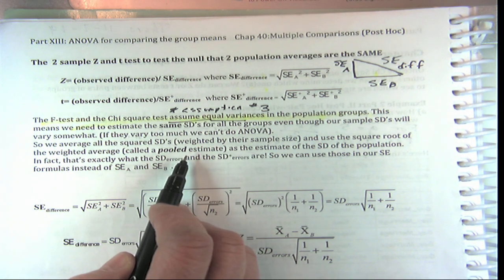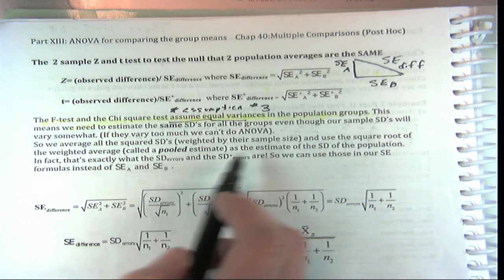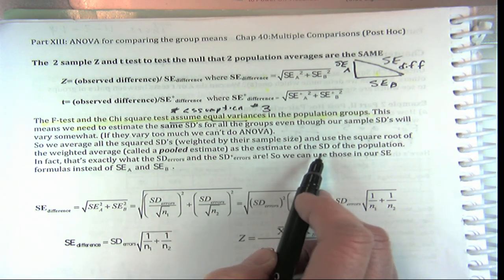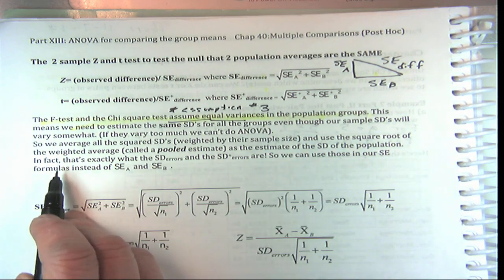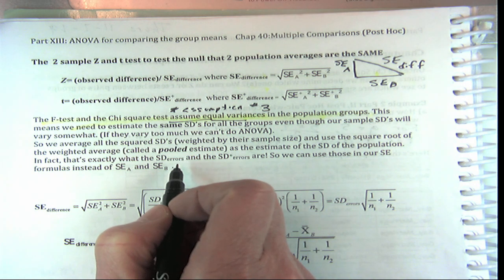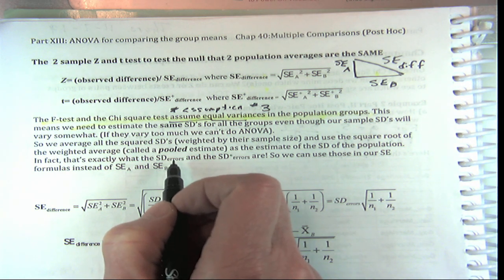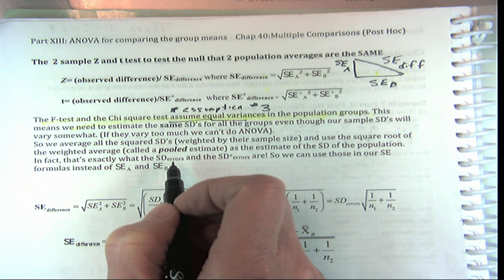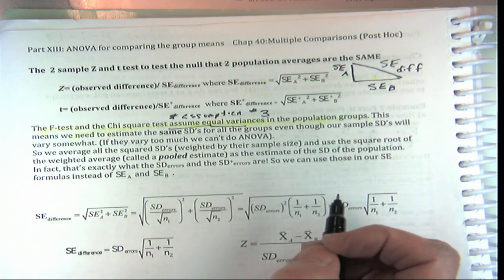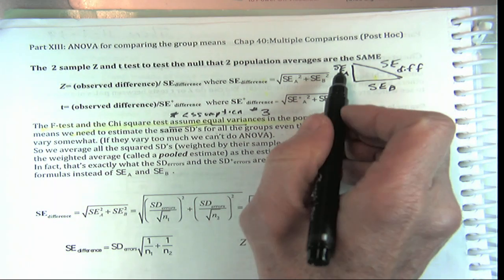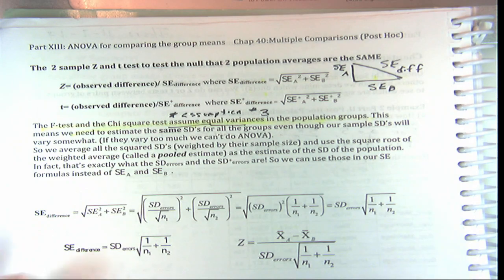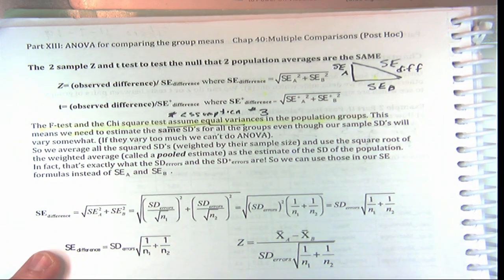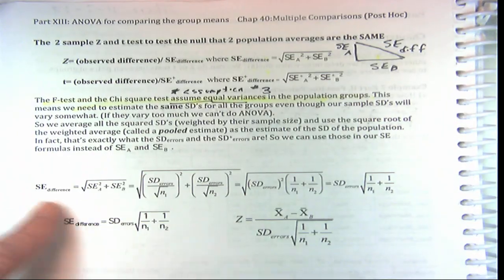A pooled estimate of the standard deviation of the population. In fact, that's what the standard deviation of the errors is. So we're going to use that instead of these two separate ones in our formula. So here's how our formula is going to change. We can just look at it here.